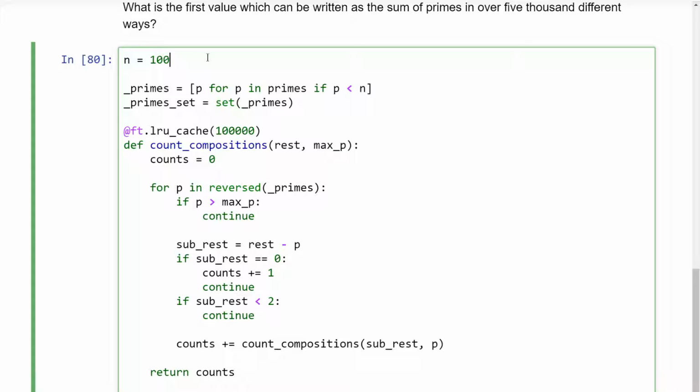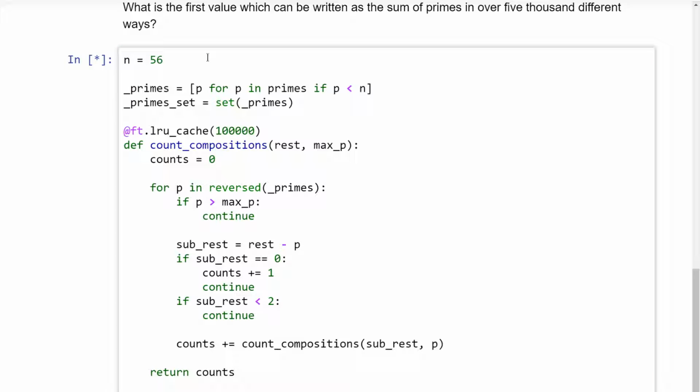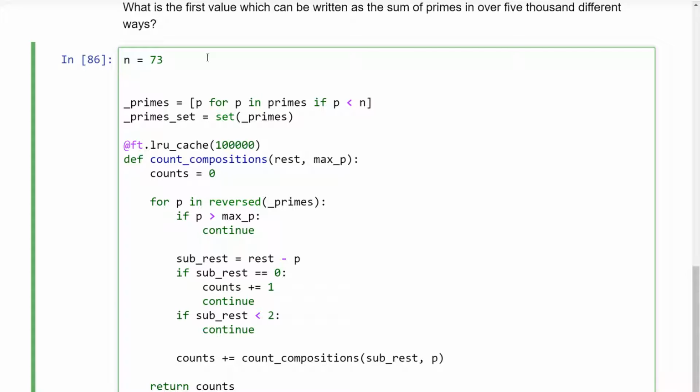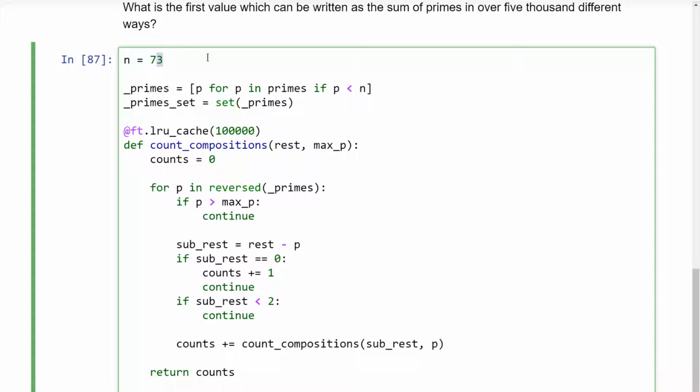Alright, back to baking smaller rolls. Well, this is, I'm guessing it's 71.